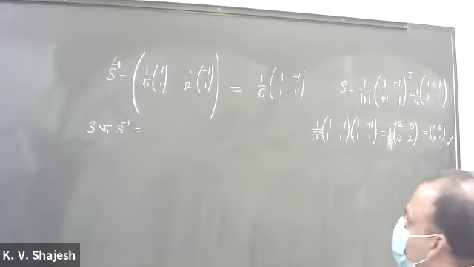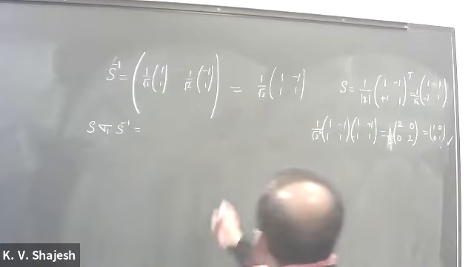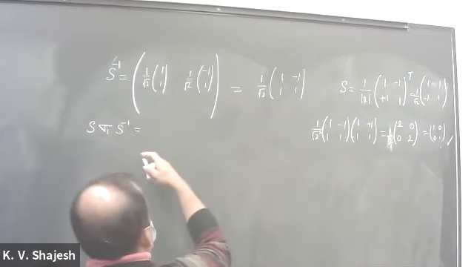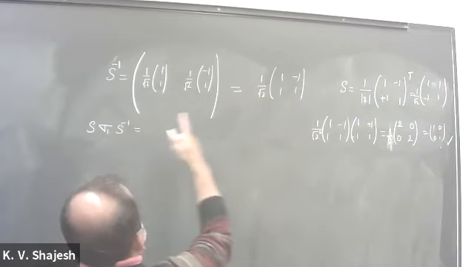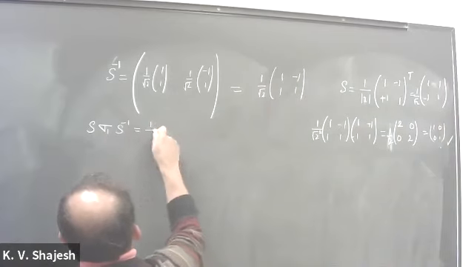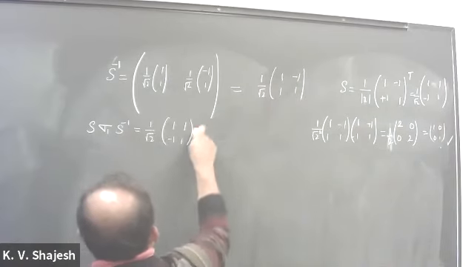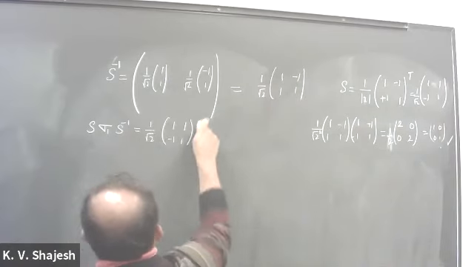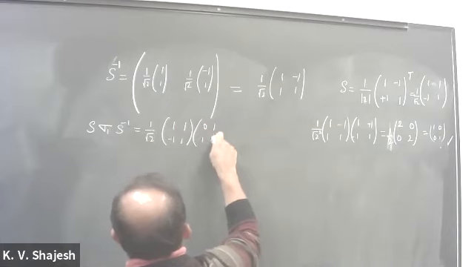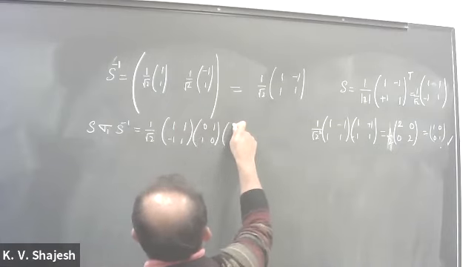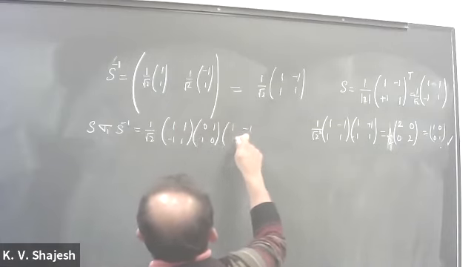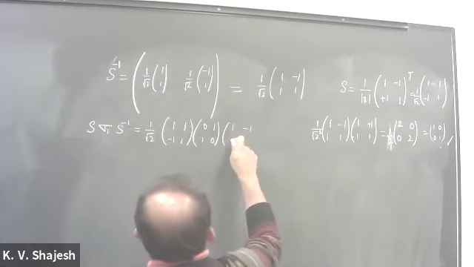So the idea is we should check this out. S is 1 over root 2 times 1, 1, minus 1, 1. Then 0, 1, 1, 0, and then we multiply by 1, minus 1, 1, 1, and then the 1 over 2.